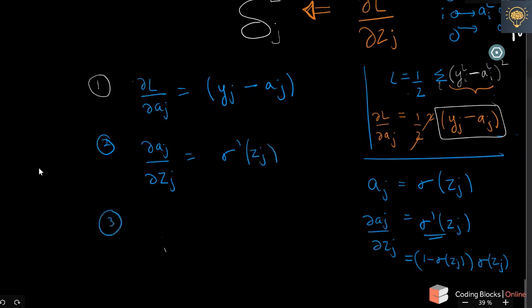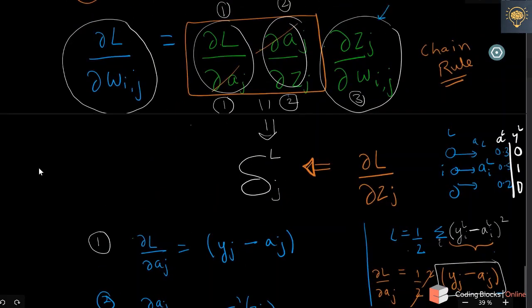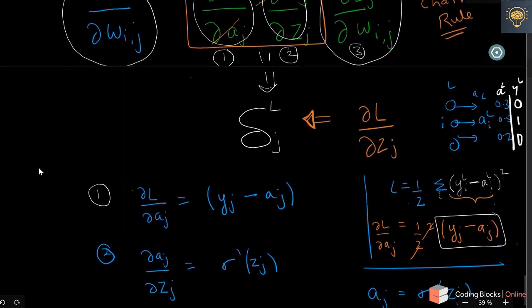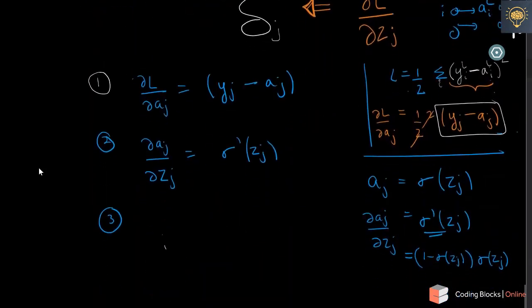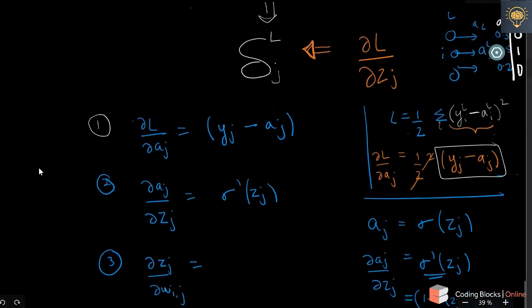And the third part is we want to compute this value: del zj with respect to del of w of ij. So how zj changes with respect to w of ij. Again, some weight is coming in, it is going to change z. Some z is going into activation, it is going to change the activation, and this activation is going to change my loss.